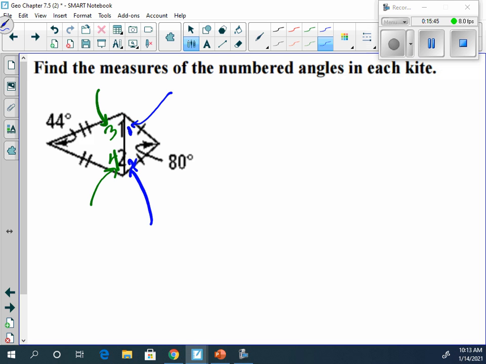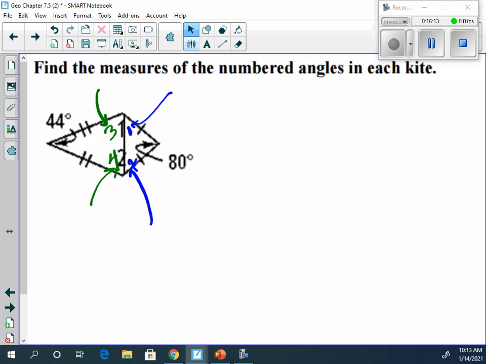But would 1 and 3, or 2 and 4, be congruent to each other? Well, no. Now 1 plus 3 and 2 plus 4, the sum of those angles would be congruent. And each of the parts, the angles on either side of that line, would be congruent. But the 4 wouldn't be congruent to each other.